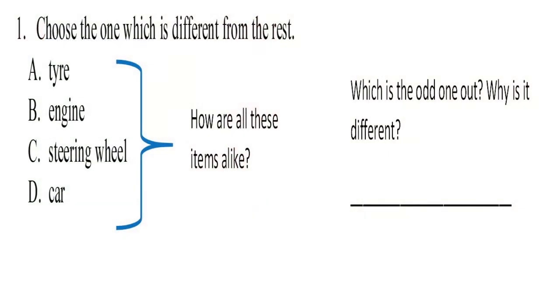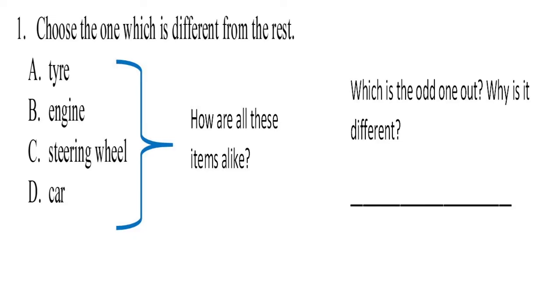Here are the options. A, tire, B, engine, C, steering wheel, or D, car. Remember, the first question to ask yourself is, how are all these items related? Now let's think. How are tires, cars, engines, and steering wheels all related?